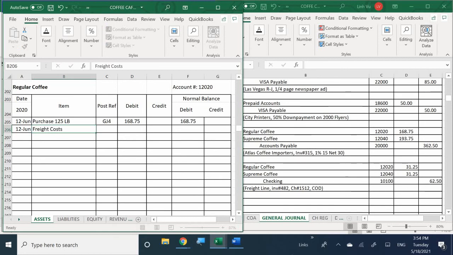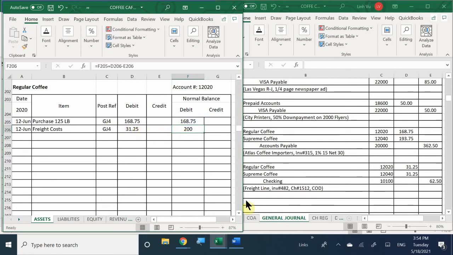General journal number 4. And this time I'm adding $31.25. So therefore, my total balance in my coffee account should reflect at $200.